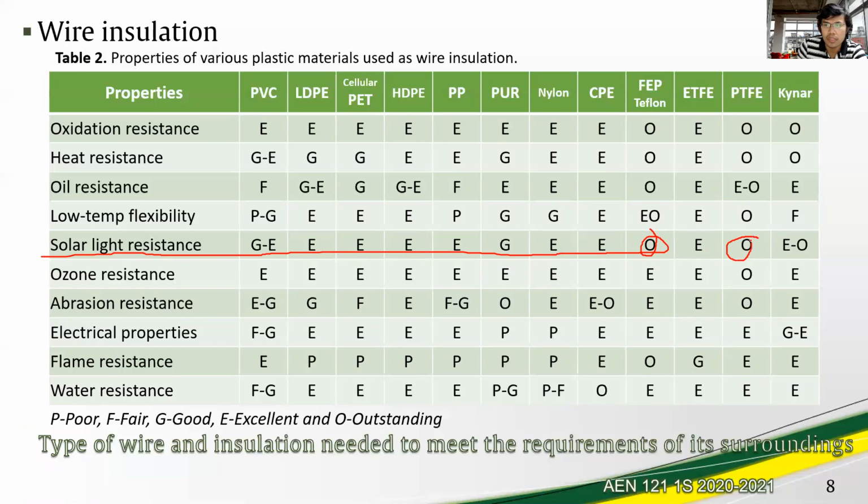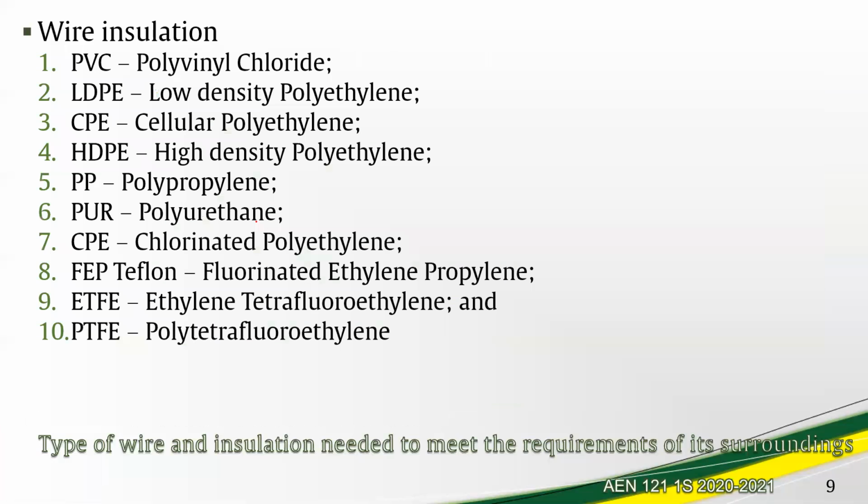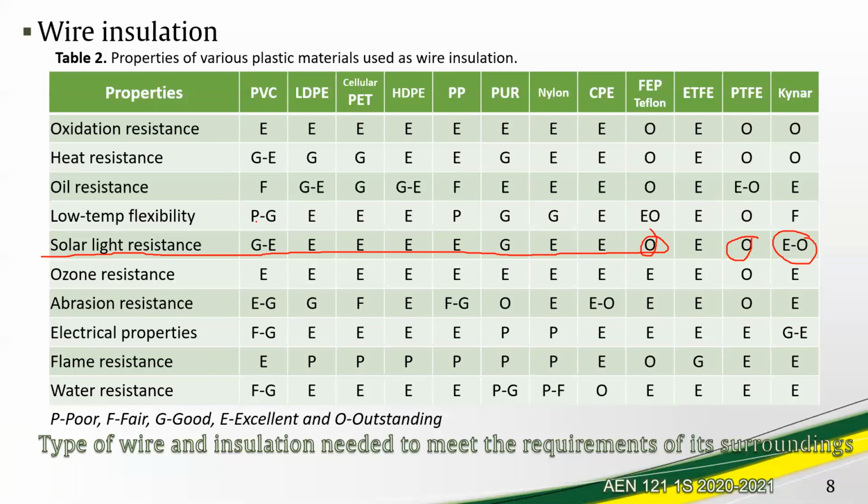We have also the PTFE and the Kynar. Okay. So that's how to look at this table. Now, there are actually other new developments in the field of the polymer industry, but this is the very basic that we would need to know.